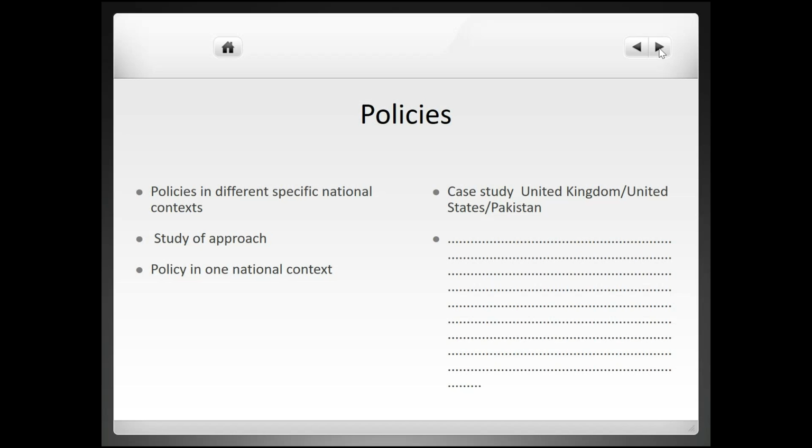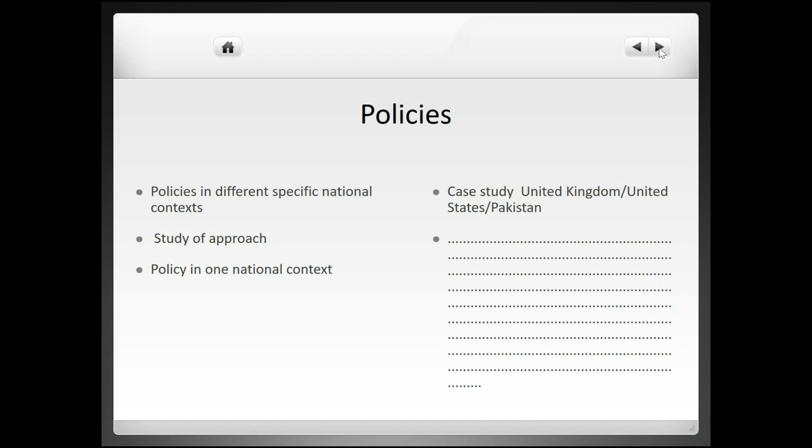And on a lesser note, we have the issue of obesity, which I've already mentioned, which feeds into the cardiovascular issues. So you can see that all our policies are geared towards trying to solve these key health issues in the country.